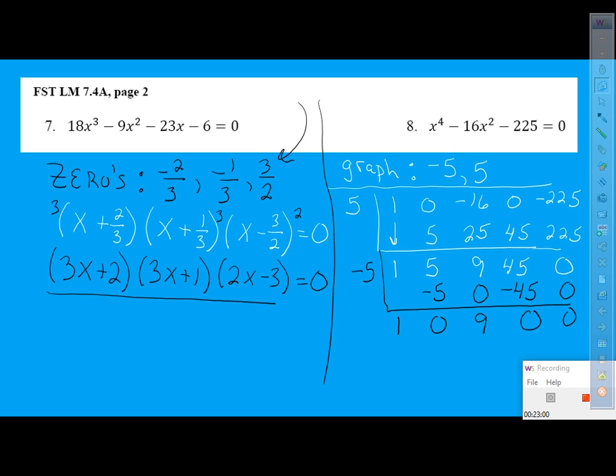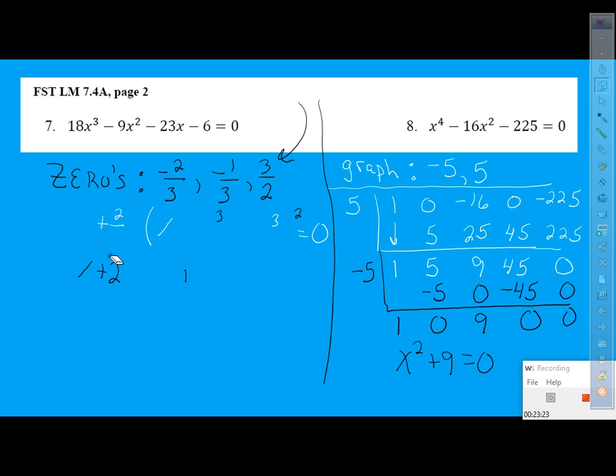So look at what you got for a second now. I've used two of my answers, 5 and negative 5. At this point I've got x squared plus 9 equals 0. So we need to solve x squared plus 9 equals 0. I should have put each of these on one slide, then it could have been a little bit better.